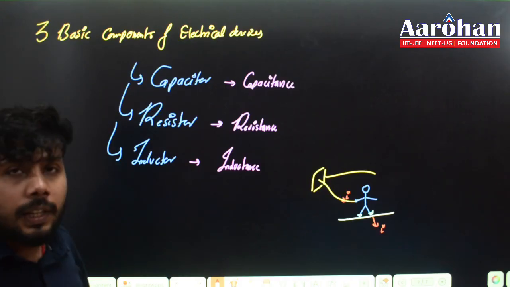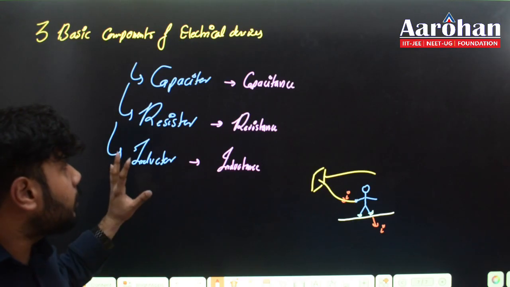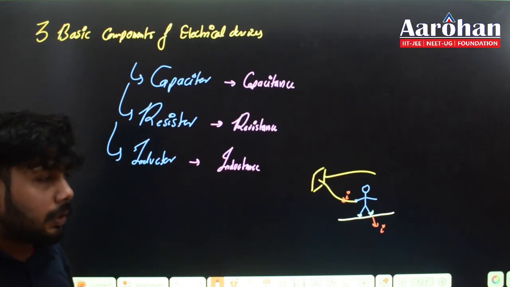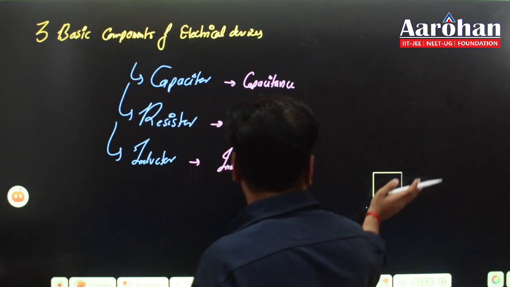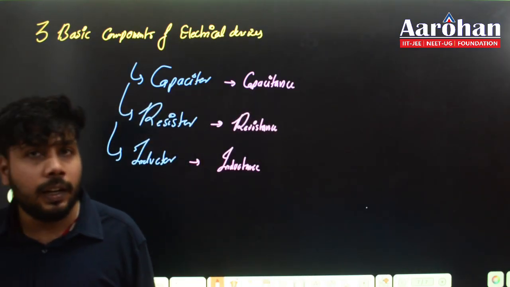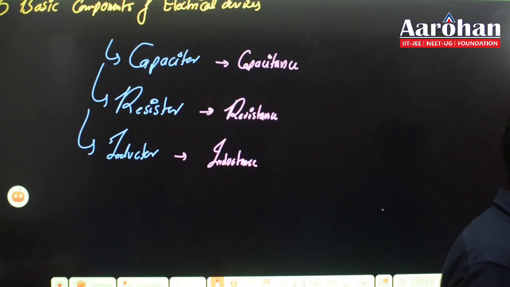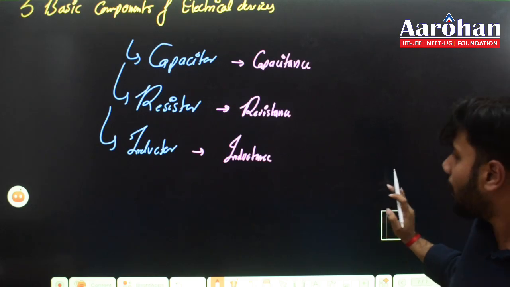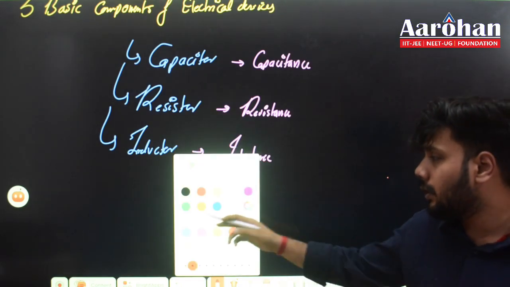But when you are studying the ideal device, you will assume that it has only capacitance, resistance, or inductance. That is the basic approach we are going to take. So when we study in 12th, I will not even say we are studying an ideal resistor, but you have to assume, until I say otherwise, that the resistor, inductor, or capacitor is ideal. Got it? Every other device you will see is a combination of all these three.